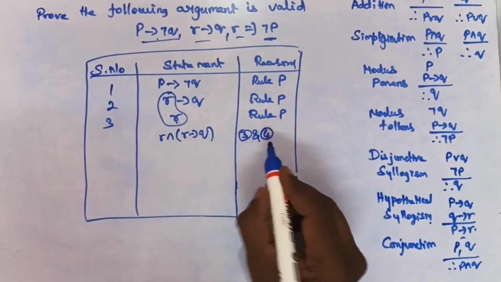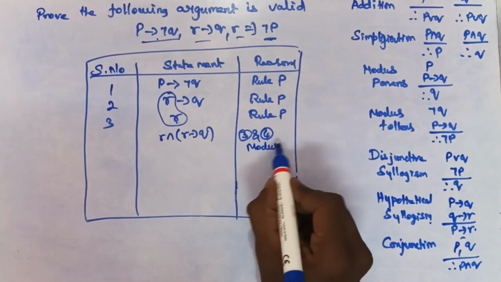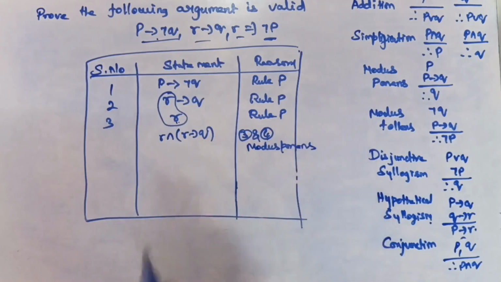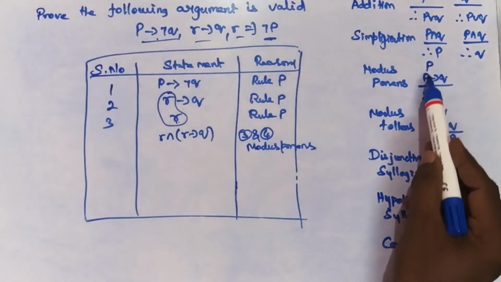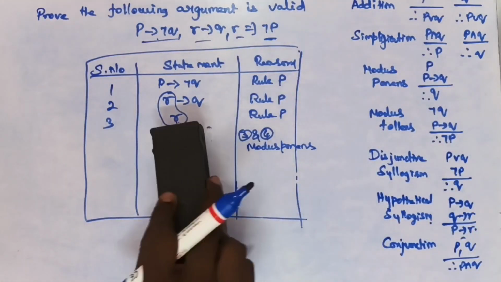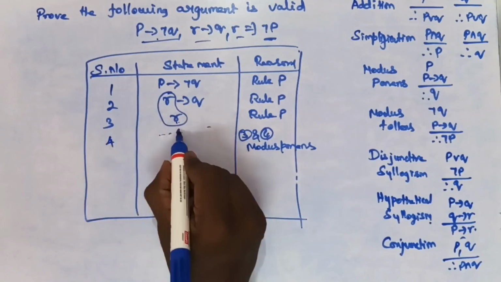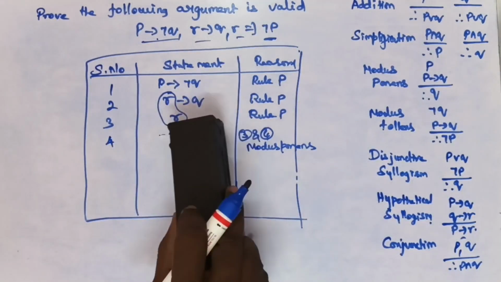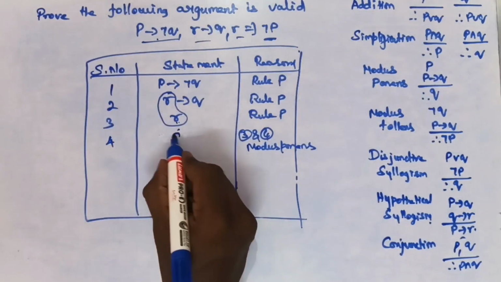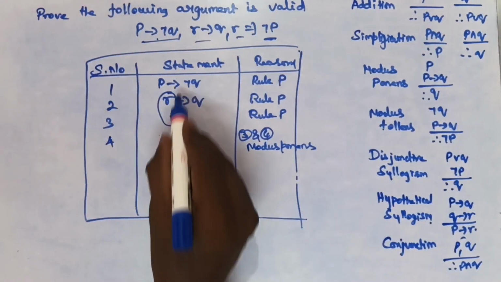This is modus ponens. Very often we will use this formula: P and P condition Q is equivalent to Q. So I can write straight away, this is equivalent to Q, the fourth one.